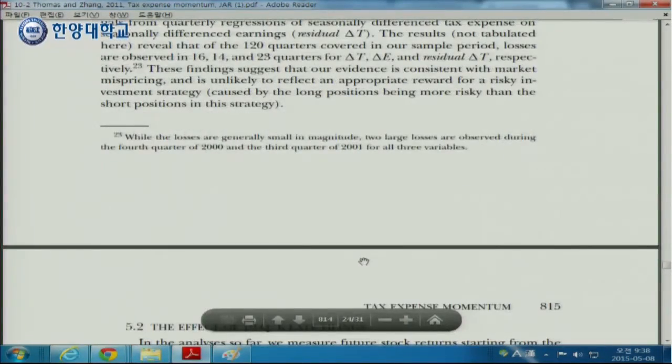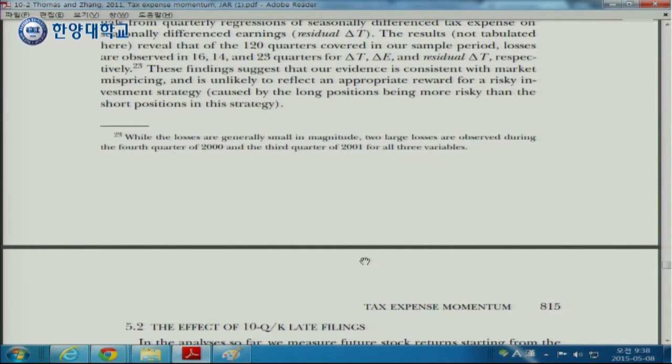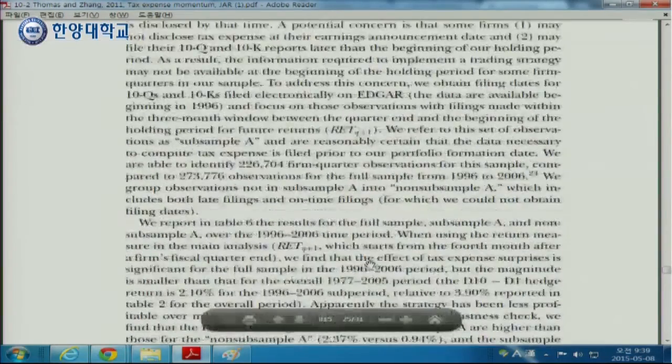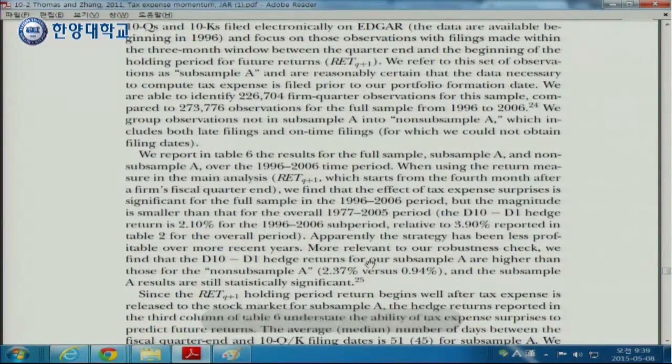So it means you have to study tax accounting if you want to become a stock analyst. If you want to work for an asset management firm, a security firm, a brokerage firm, and if you want to work in a research team, it means that you have to know tax, you have to study tax accounting.